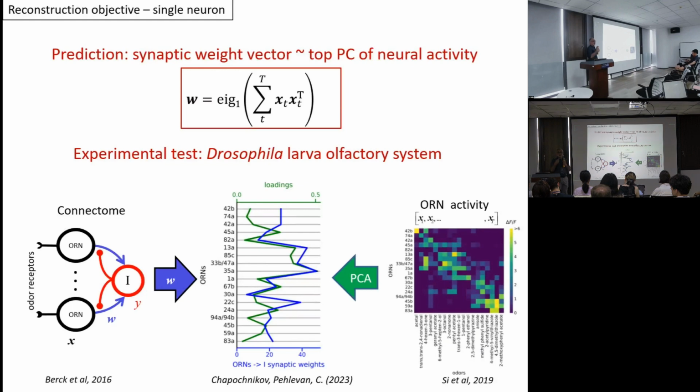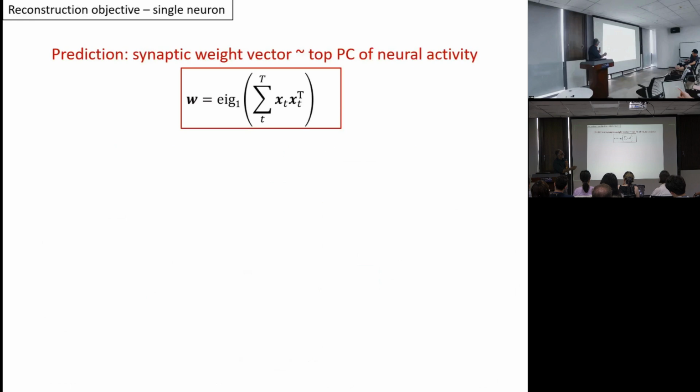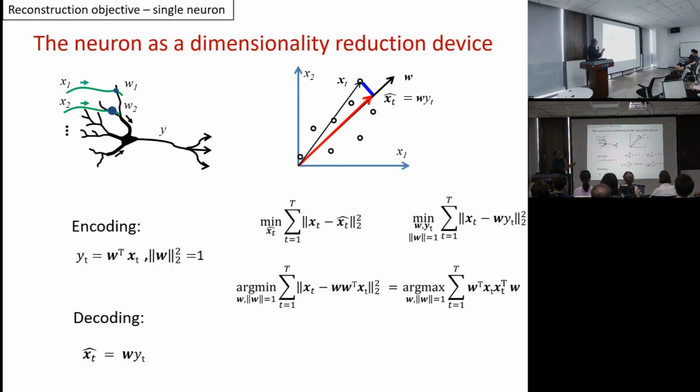No, they don't, but I'm predicting, right? So we're predicting that this synaptic weight vector finds the direction that corresponds to the top eigenvector of the covariance. So I compute the covariance of the data from calcium imaging and compare that vector with the synaptic weight vector.